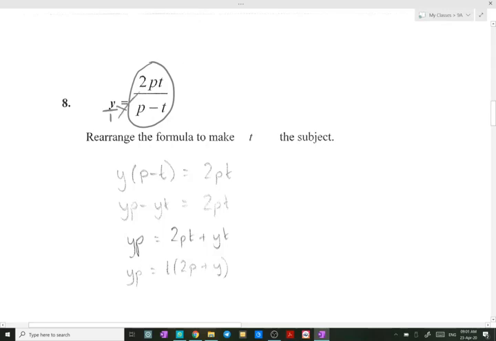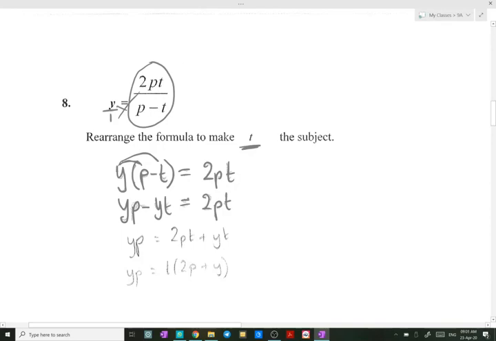Then you cross multiply and you reach this equation, y times (p minus t) equals 2pt. Now we need to expand, since we need t to be the subject. So yp minus yt, because you multiply y times p and y times t, is equal to 2pt.